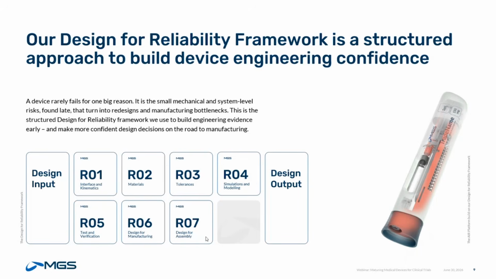So, you've probably also heard about design for robustness, and now we call it design for reliability. And the reason why is that it's worth noticing what reliability actually means. It means the probability that something performs its required function without failure under stated conditions for a specified period of time.